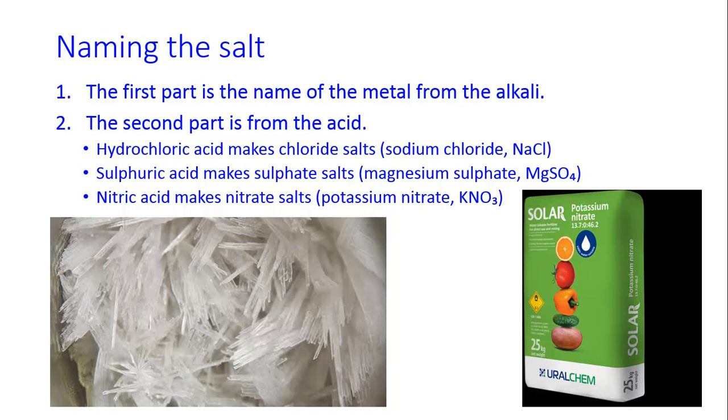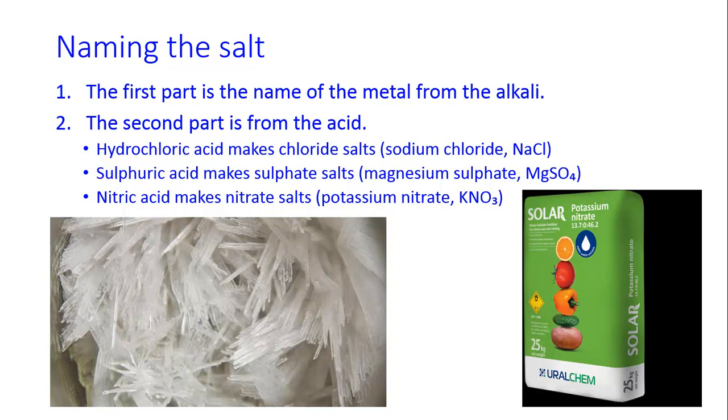Magnesium sulfate, MgSO4, is the example there. And nitric acid makes nitrate salts. And the example there is potassium nitrate, KNO3. So it's important that you remember hydrochloric acid makes chloride salts, sulfuric acid makes sulfate salts, and nitric acid makes nitrate salts.